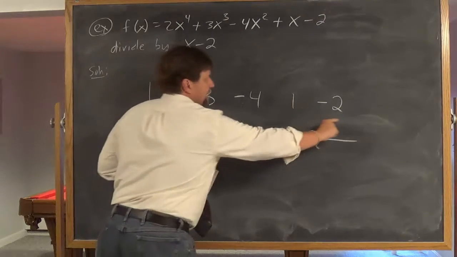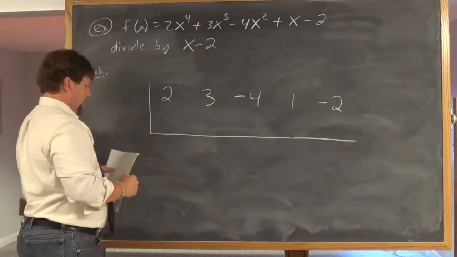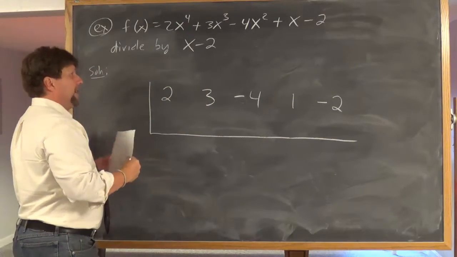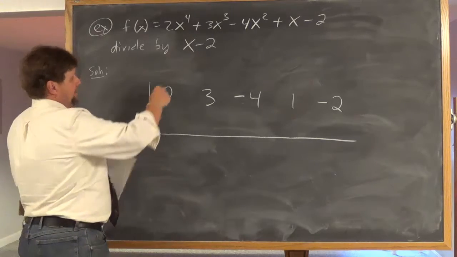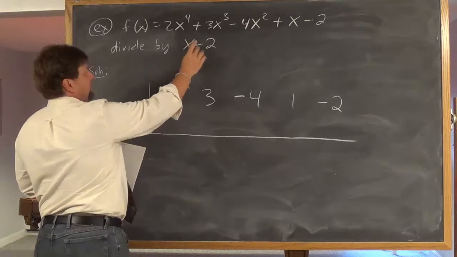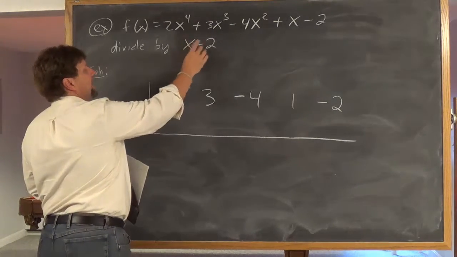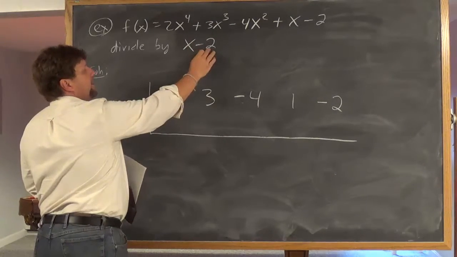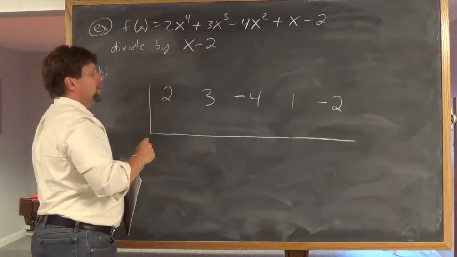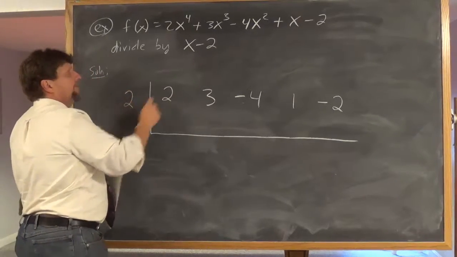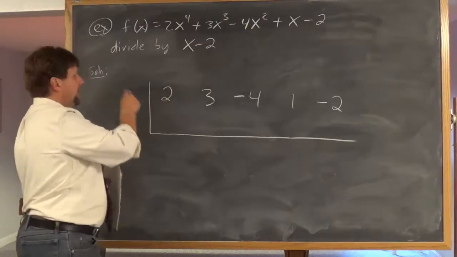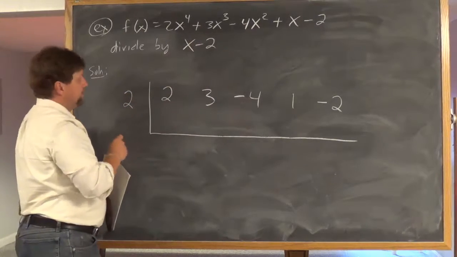I have to leave space here because numbers are going to go in here. And then I write down what I'm dividing by. Well, I'm dividing by x minus 2. In general, the form is like an x minus c, but the number I'm interested in here is 2. If this were x plus 2, I would have a negative 2 out here.